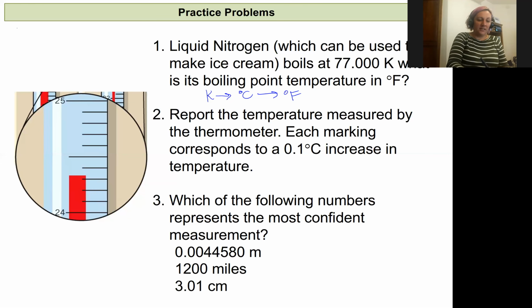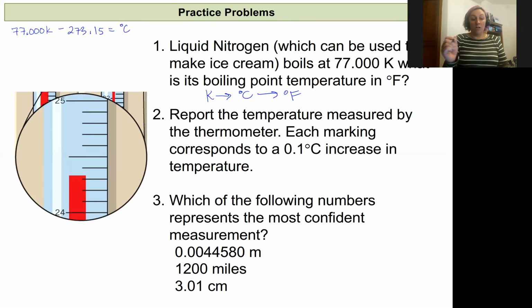So my 77.000 Kelvin, and I'm going to make sure that I use all of the digits here, minus 273.15, I'm going to use my 0.15 version of this, will give me my degrees Celsius.